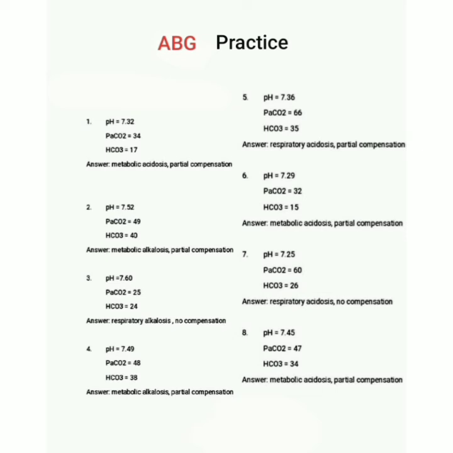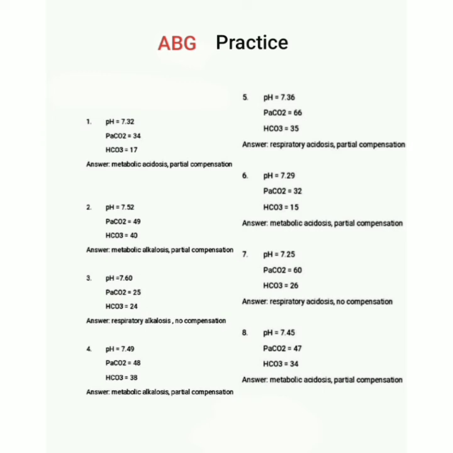So it is respiratory and an acidosis condition, because 7.36 is nearly at the below level of 7.35 to 7.45. So they are telling partial compensation. So the answer is respiratory acidosis, partial compensation.